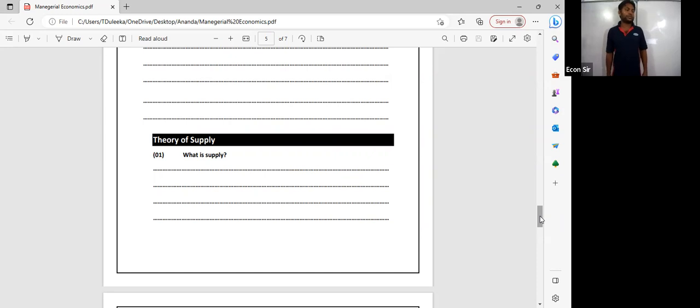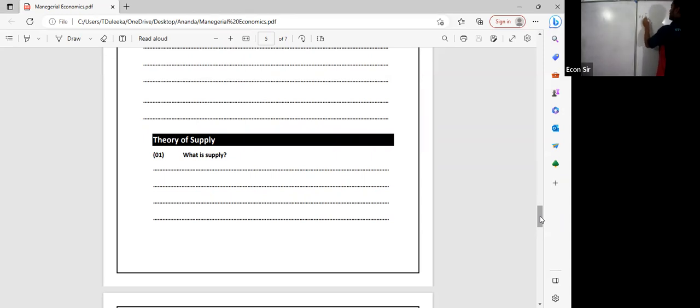Like the consumer makes demand, the supplier makes supply, whether producer or wholesaler or whatever it is. The supplier constructs supply.